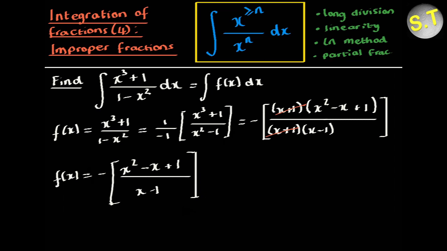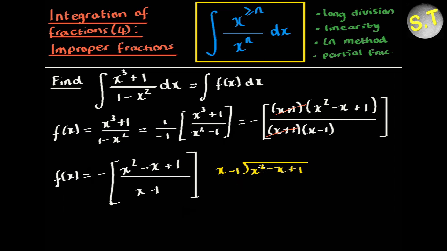Okay, so we've simplified it a little bit. Now we have an x squared term on the top and an x to the first power on the bottom. So just like the previous example, if we apply long division, we're dividing x minus 1 into x squared minus x plus 1. So once again, what do we need to multiply this term by in order to get to this term?